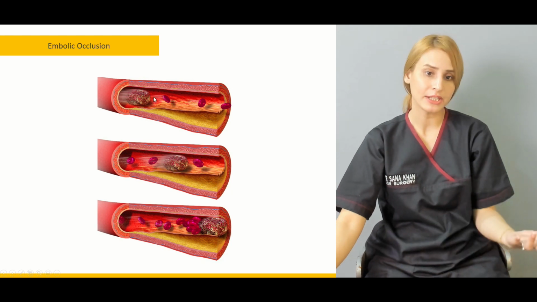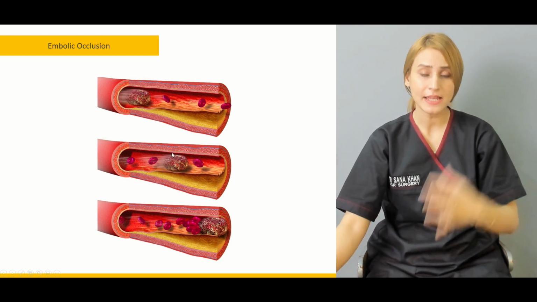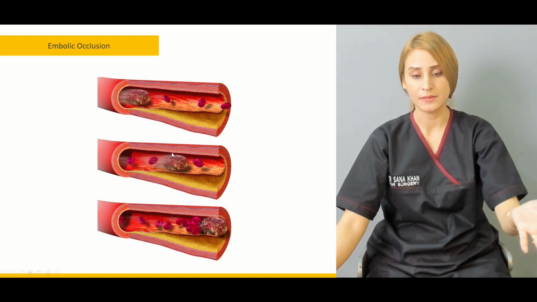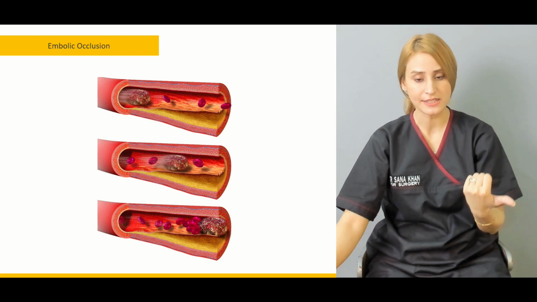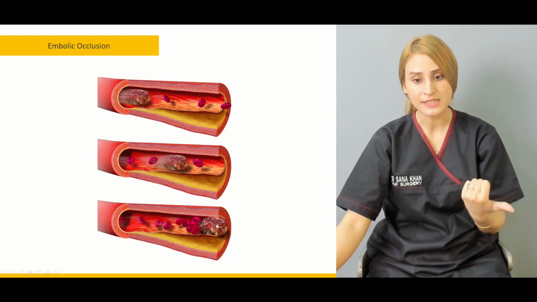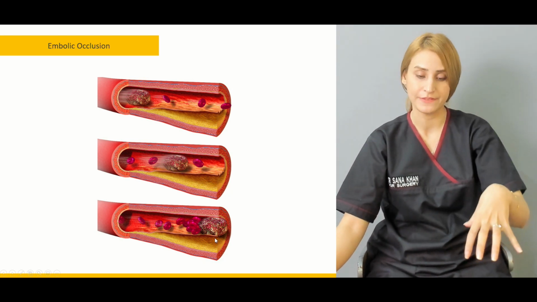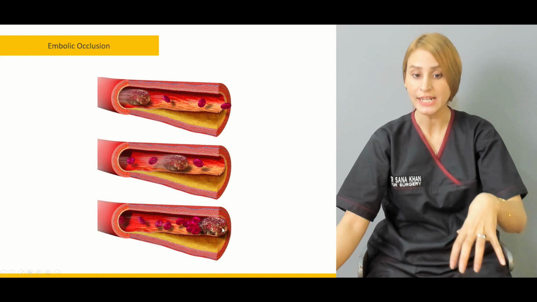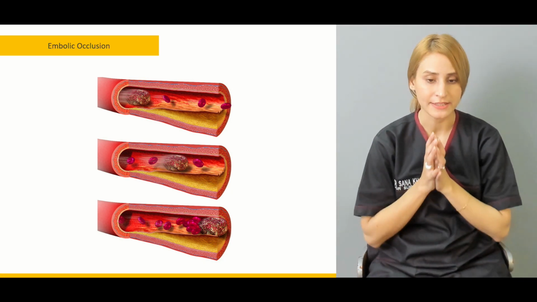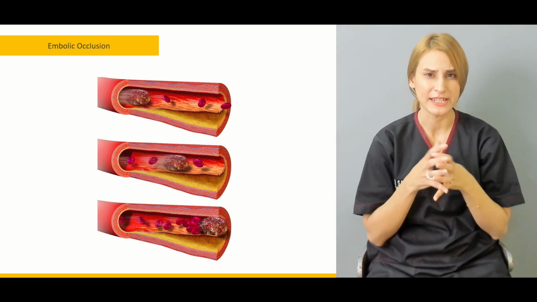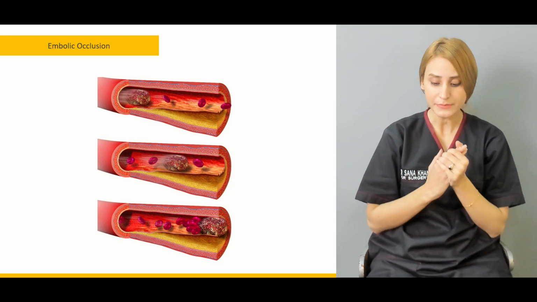So it was primarily here, and this embolus gets dislodged or torn off from its primary site, and ultimately gets stuck in the lumen of the artery, and there's more platelet aggregation, and that particular blood supply is compromised because of the occlusion.